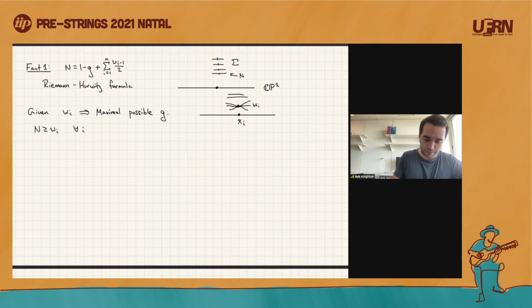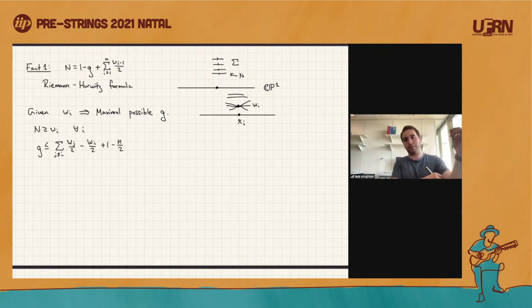But we know how to express n in terms of the w_i, and you can take this inequality and rearrange it. And you find that the genus is less than or equal to the sum over j not equal to i of w_j over 2, minus w_i over 2, plus 1 minus n over 2, where n is the number of critical points.